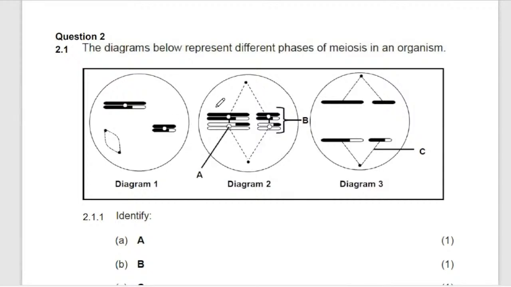But guys, something is itching me, and that itch makes people lose marks in meiosis. Number 1, identify the phase in diagram 2, diagram 1, diagram 3, and diagram 2. Whenever they ask you about the phase, please turn your paper if the centrioles are not on the sides.